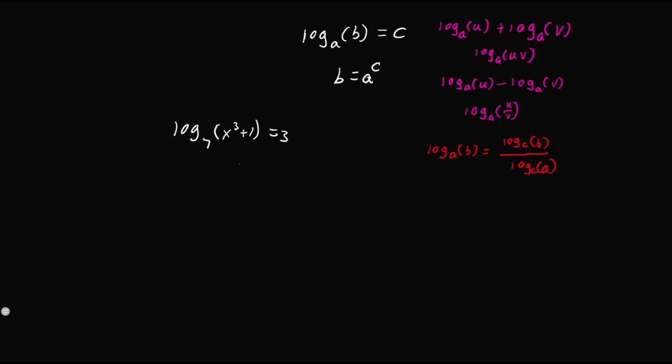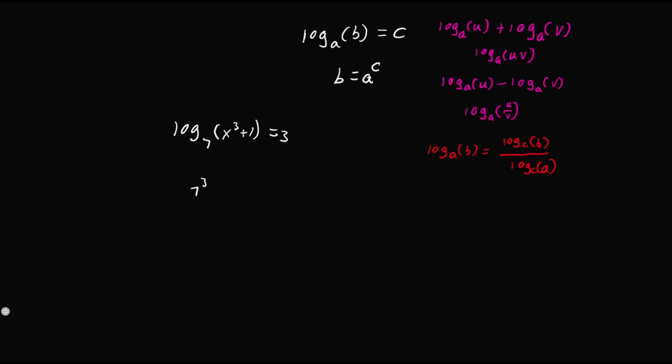Here, what we want to do is take the power, or just do what we did in the previous video, which is 7 to the power of 3 is equal to x cubed plus 1, since 7 to the power of 3 is equal to what's inside here. Let's erase that line.